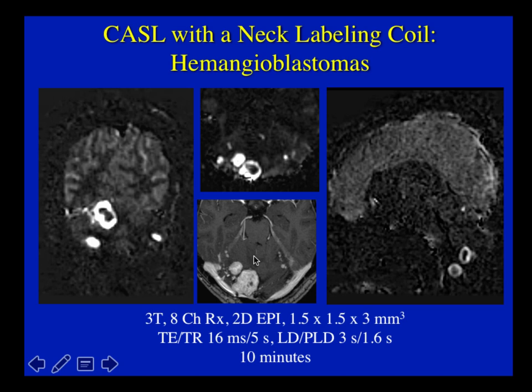This image on the bottom is a post-contrast T1 weighted image, and it shows the signal enhancement of the whole tumor because now the contrast agent has leaked into the center of the tumor as well. So here we cannot distinguish the high blood flow periphery from the necrotic core in the middle, whereas that is clearly depicted in the perfusion image.